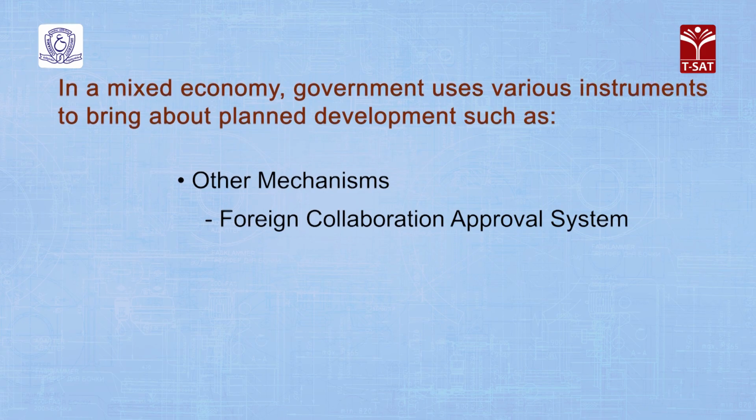It means that any project envisaging foreign collaboration has to secure prior permission of the government. Through price regulations also, government regulates the private sector. For many commodities, pricing of goods and services is under government control. Government is involved in fixation of maximum prices for commodities.